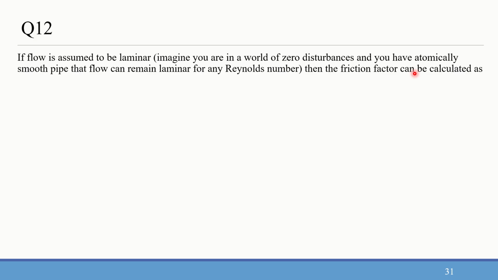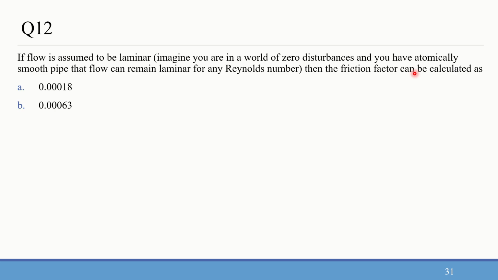But imagine we are in a world of zero disturbances and we have a flow that can remain laminar for any Reynolds number, then what will the friction factor be? If it is a laminar flow, the friction factor is 64 by Re. So in our case it is 64 by 101,910.